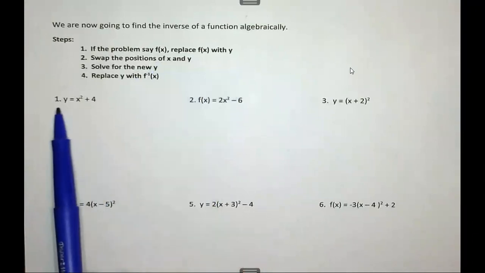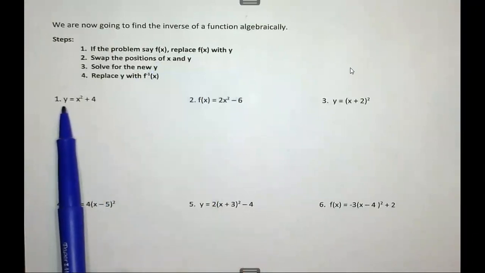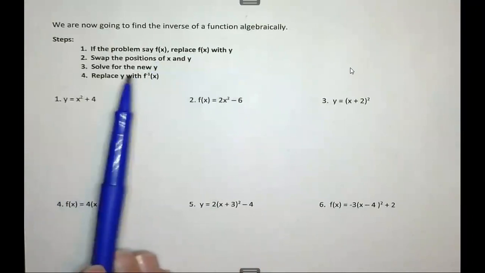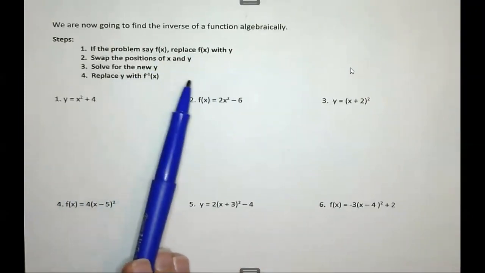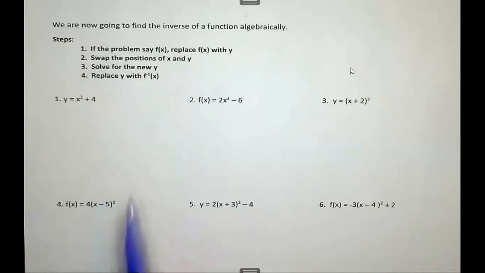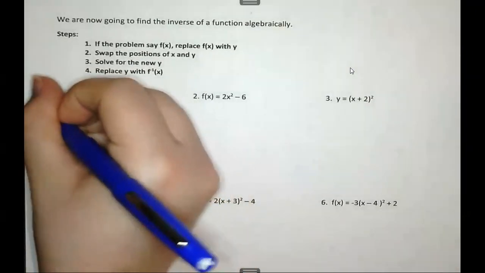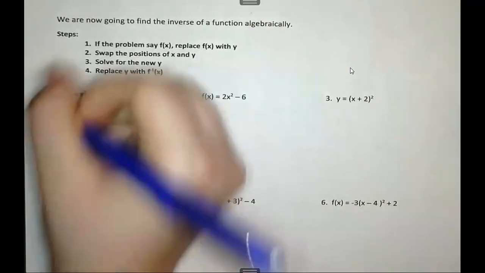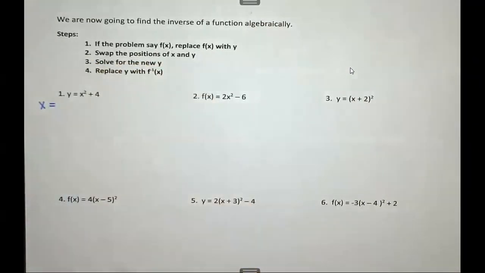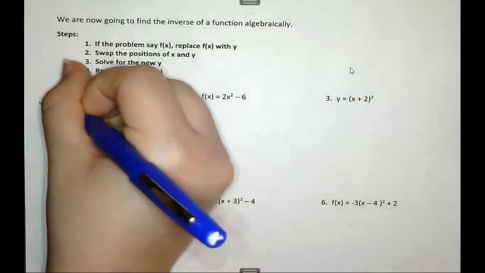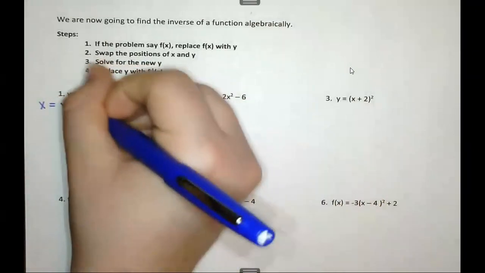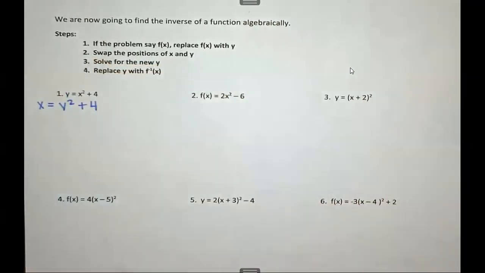Ours does not have an f of x, it's already a y, so that one's already taken care of for us. It then says to swap the positions of x and y. So instead of a y here, I'm going to change it out for an x. And instead of x squared, I'm going to change that out for a y squared plus 4.